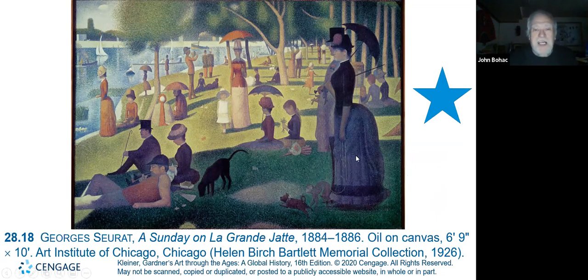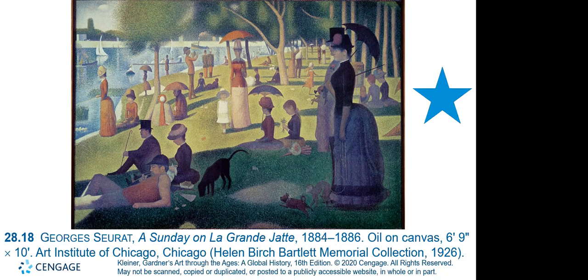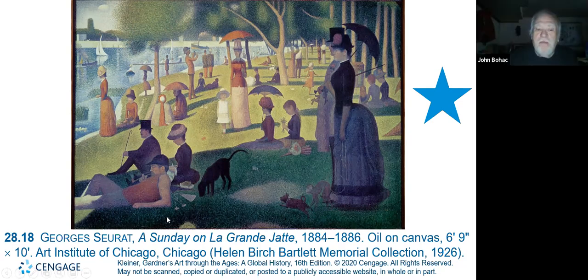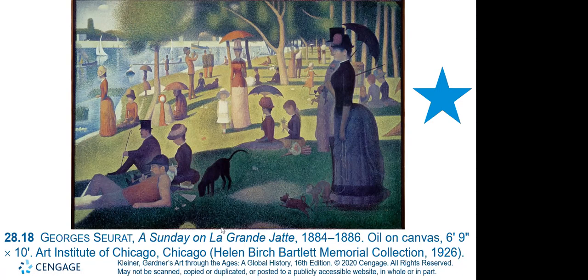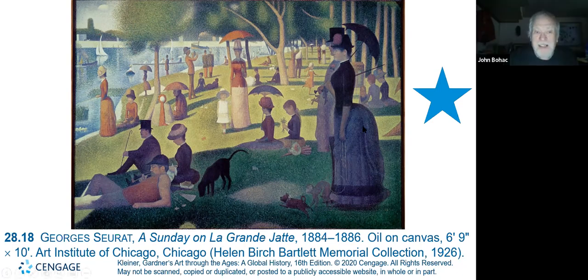If you've seen anything, you've probably seen this. So what do they call this kind of painting? It's one that actually has something of a style that's named for it. Isn't it a dot painting? Yes, it is.